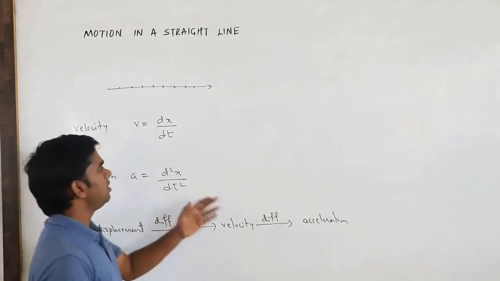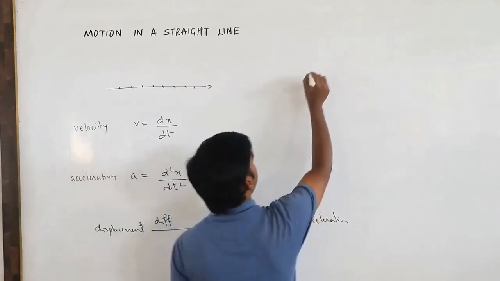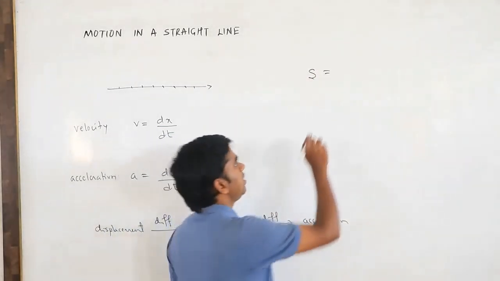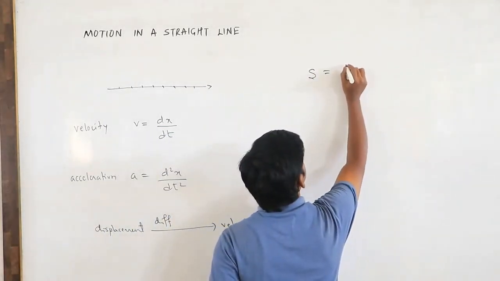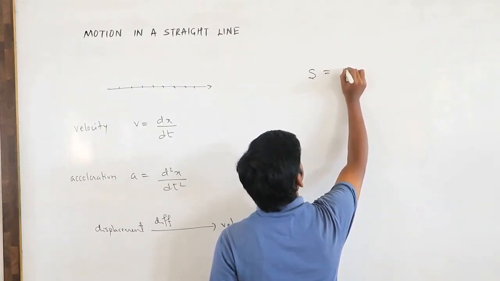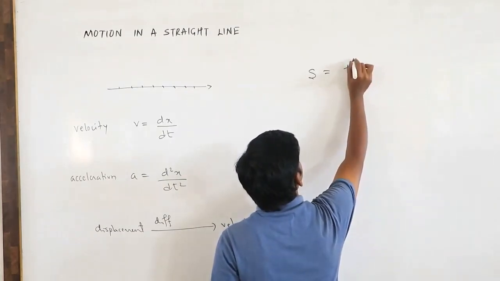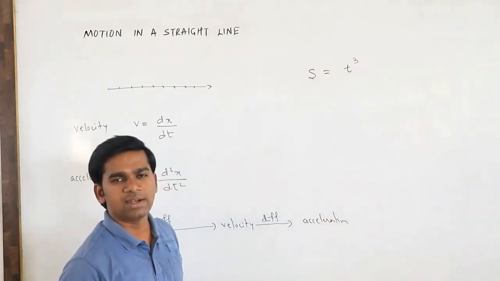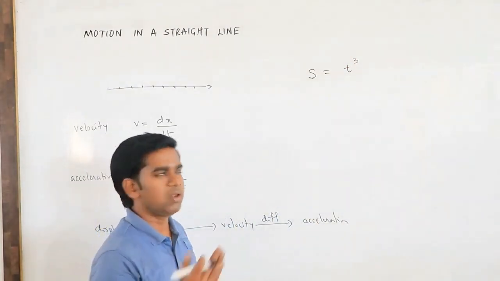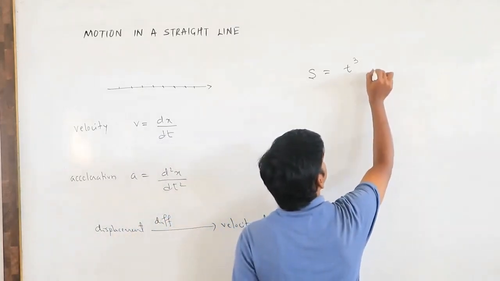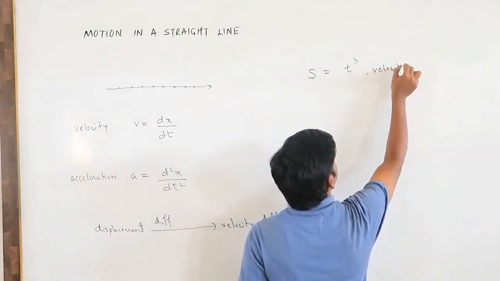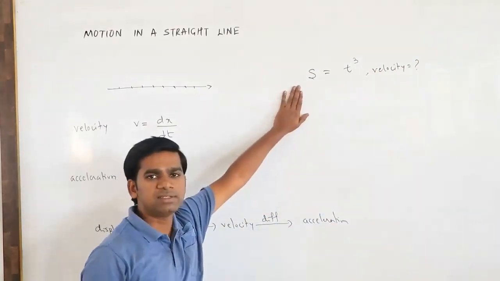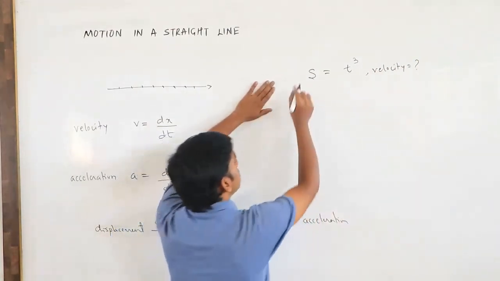So how will they give the problem? Suppose displacement is varying with time, say as t raised to n. Now if they ask you to find the velocity, how can we calculate? S is displacement, or you can take x, no problem.